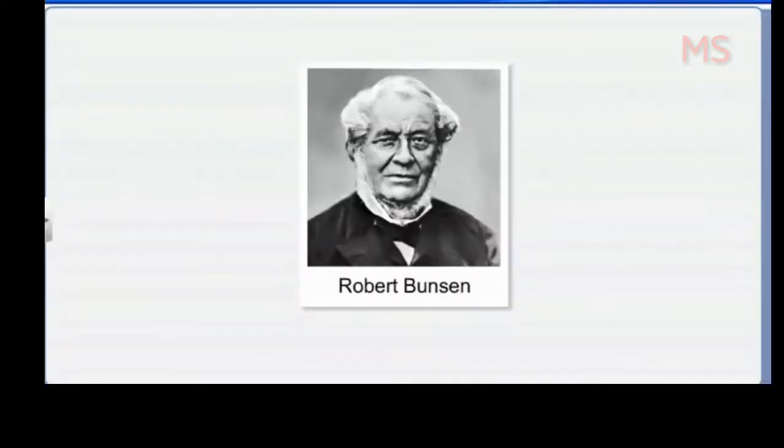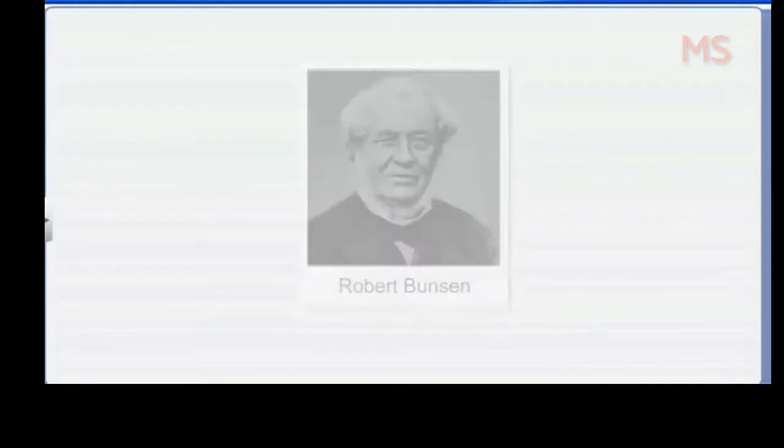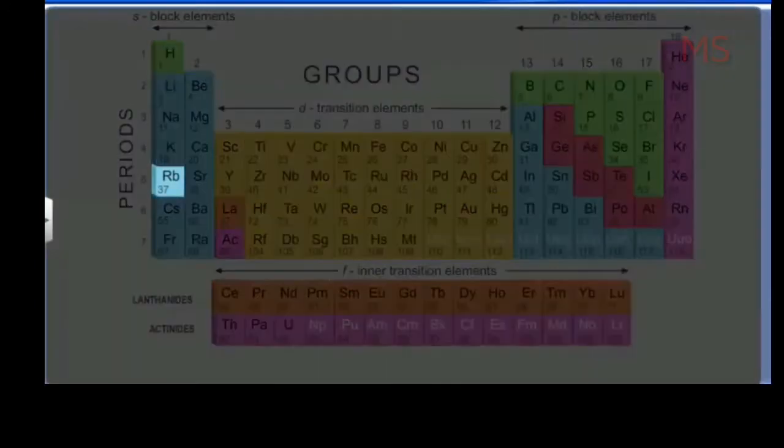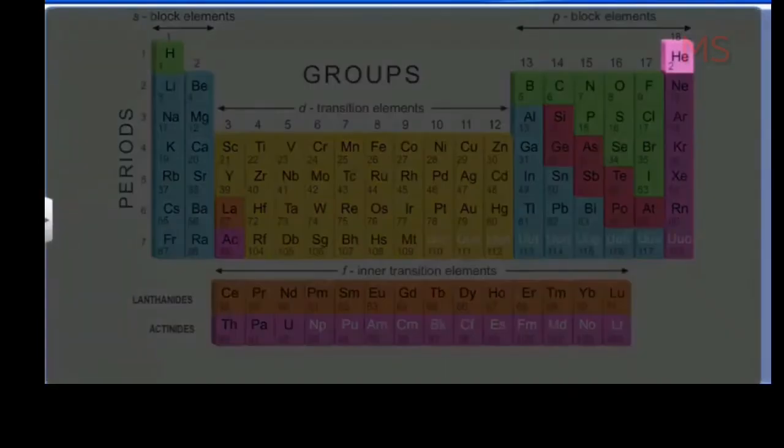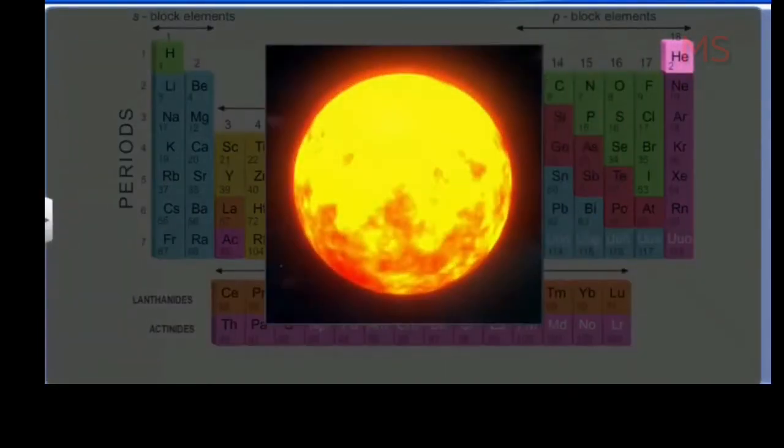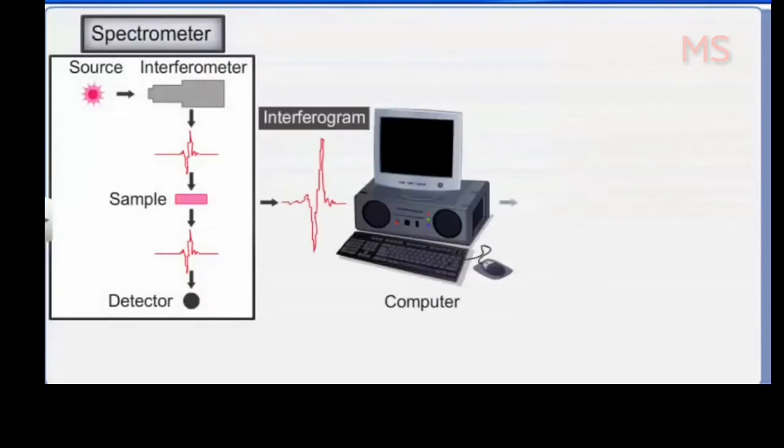German chemist Robert Bunsen was one of the first investigators who used atomic spectra to identify elements. Elements like rubidium, cesium, thallium, indium, gallium, and scandium were discovered when their minerals were analyzed by the spectroscopic method. The presence of helium was also detected in the Sun by means of the spectroscopic method.